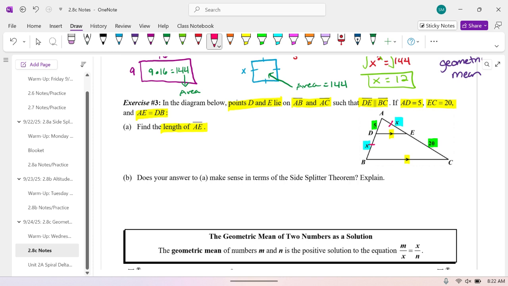5 over x. All right. So that's our first piece of the side. So essentially your proportions is if you break the two sides apart separately. So this would be 5 over x is equal to, what is it on my other side? x over 20.